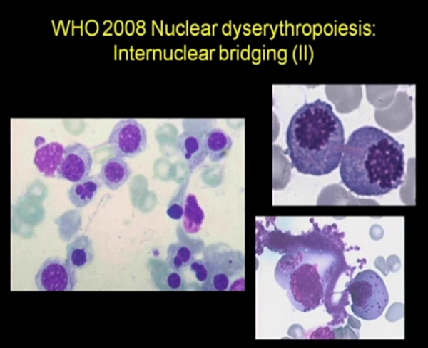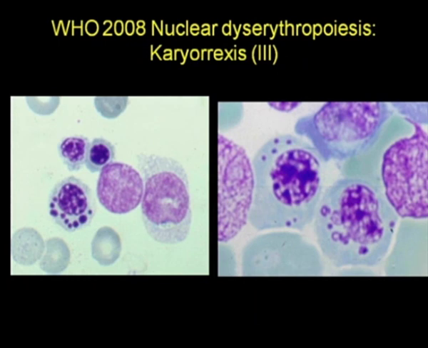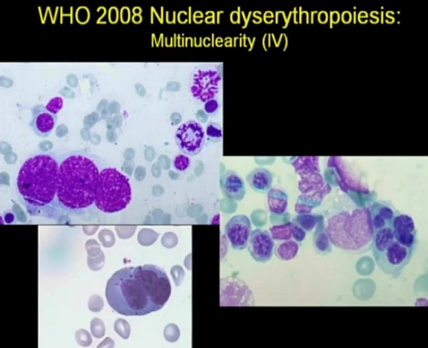This is pink. I recommend, and I underline, that an intercytoplasmic bridge should not be considered a dysplastic feature. Again, karyorrhexis, shown in the third image, is fragmentation of nuclear chromatin. Multinuclearity should also be considered dysplastic.